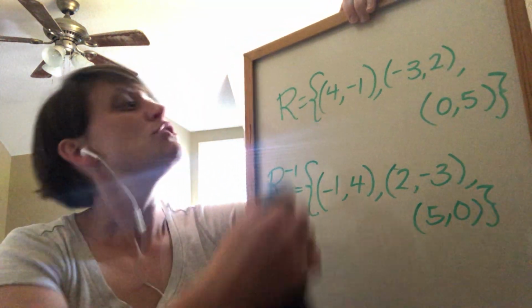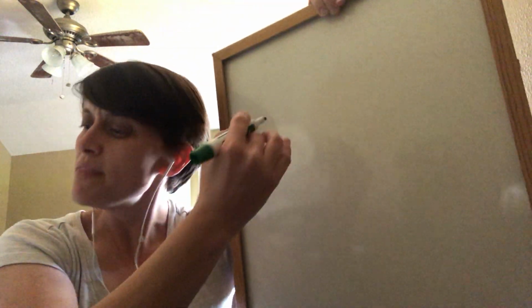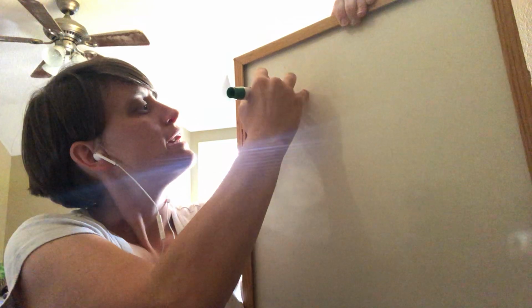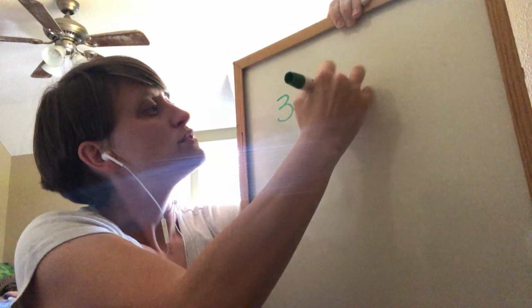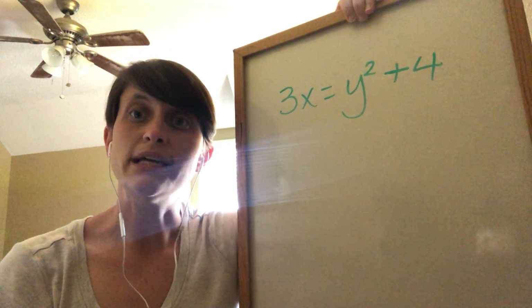Okay, it's also pretty simple if you have a relation as an equation with two variables in it. So we decided this before, that something like 3x equals y squared plus 4 counts as a relation.